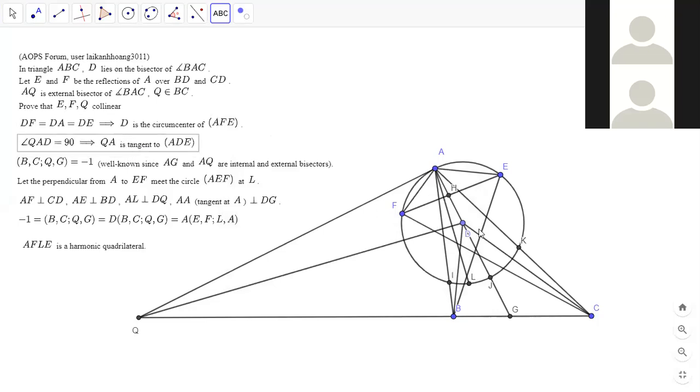So basically, by symmetry, QL is also tangent to the circle.